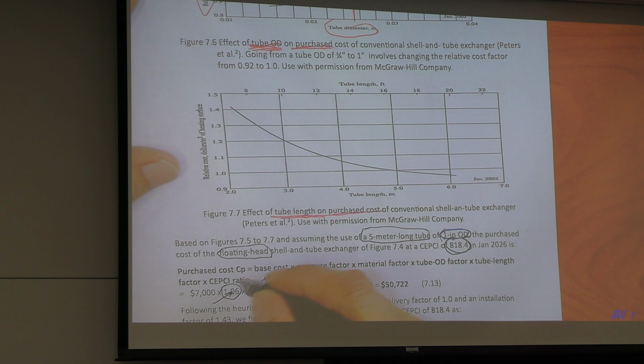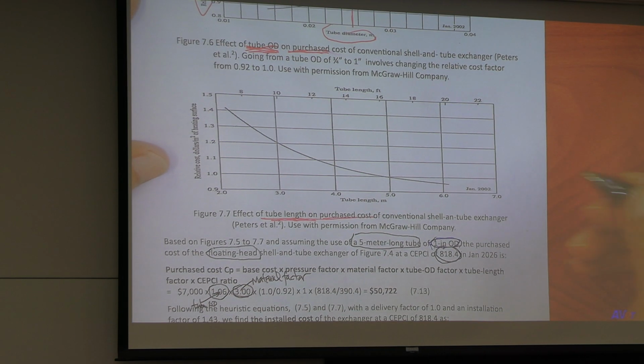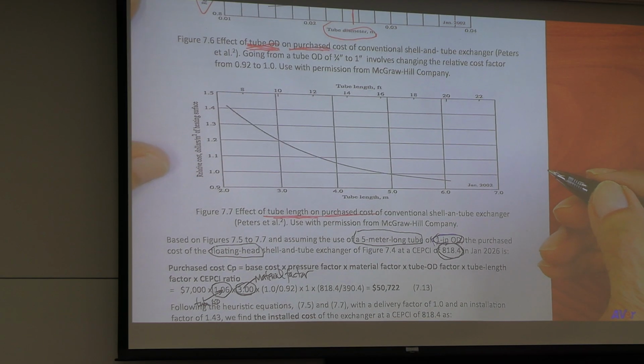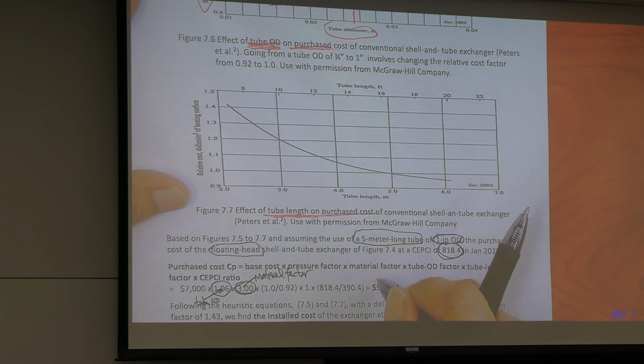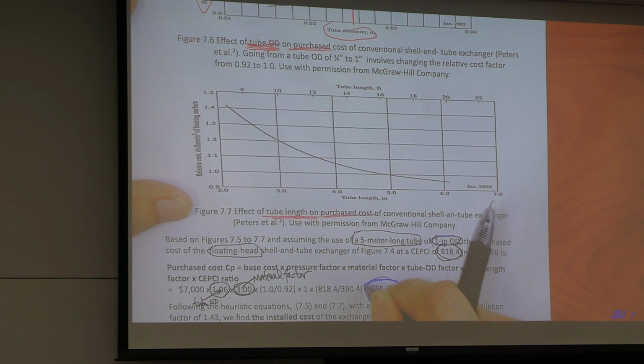And this is the tube OD length. Now, after all of this, you get this base cost.